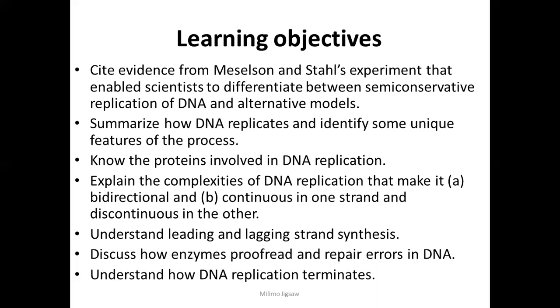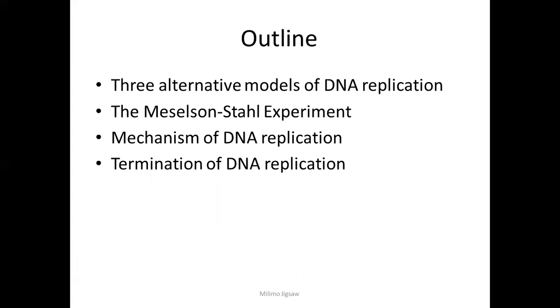If these objectives are met, then DNA replication will be easier for us. We will be able to answer almost any question if we understand these objectives. So we are going to talk about the three alternative models of DNA replication.